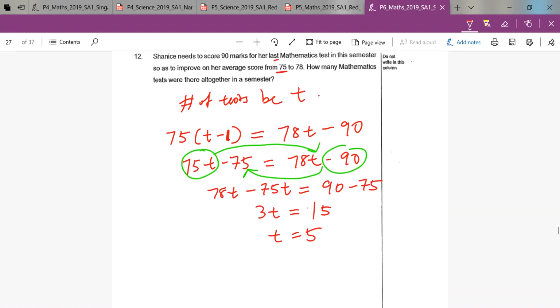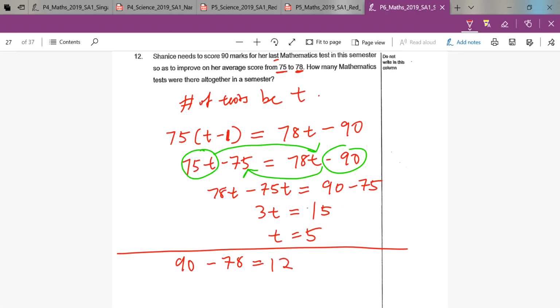Another way to solve it is, okay, you look at 90 marks, right? 90 marks becomes 78. Alright? Initially you get 90 marks, you know, for the very last test, but then it will become 78 when you average it out. So you lost how many marks in a sense, okay?